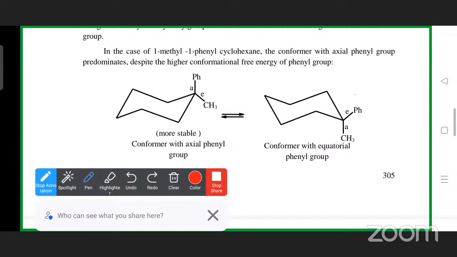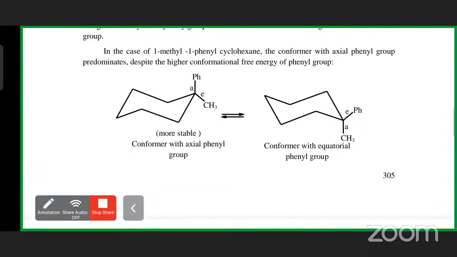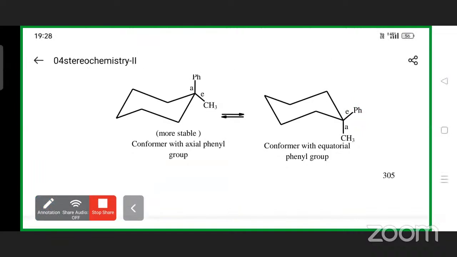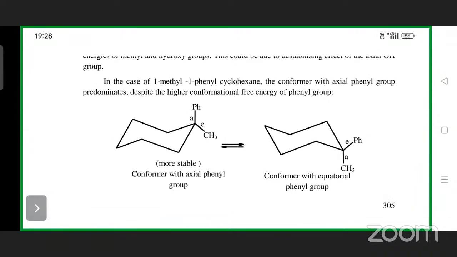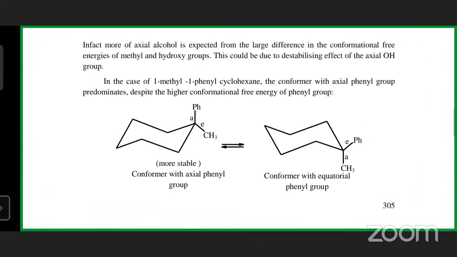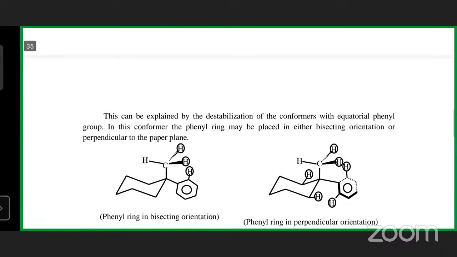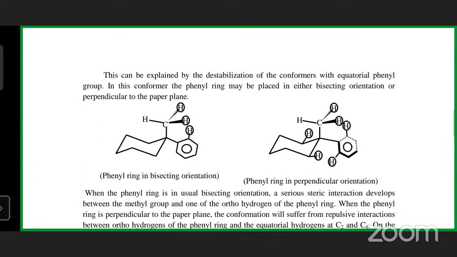In general, this is the most stable because the bulky methyl group is in the equatorial direction. But due to some symmetry factors here, the axial phenyl group is more stable, and this can be explained on the basis of this one here.